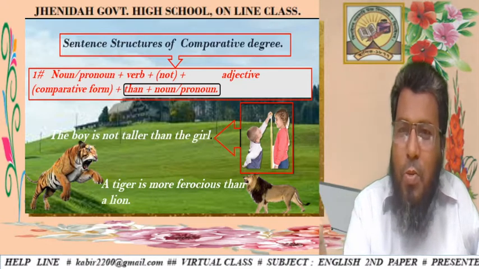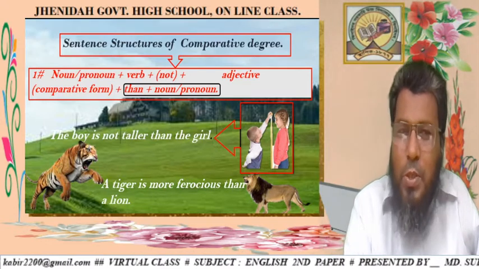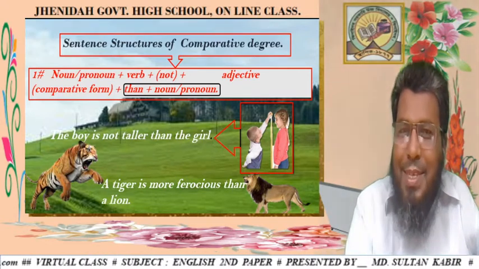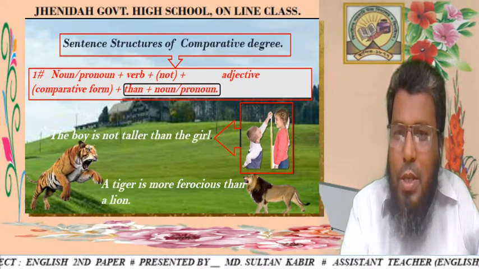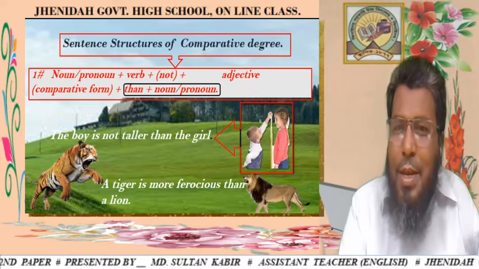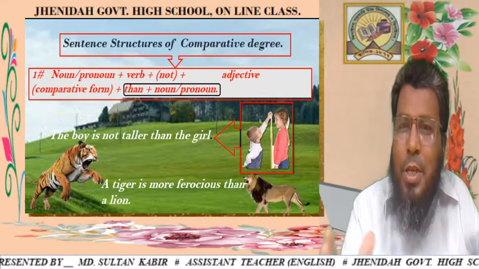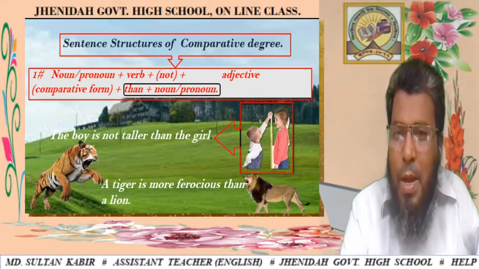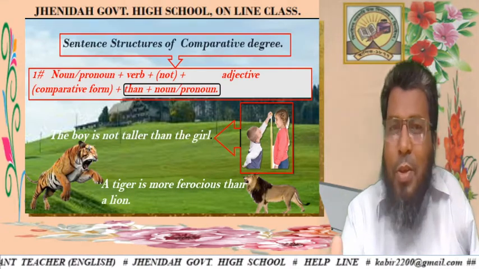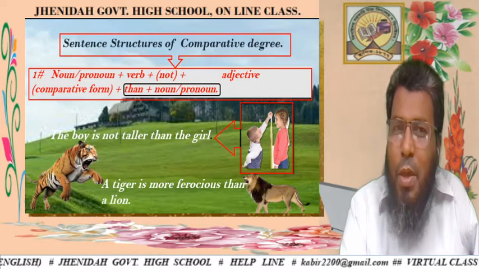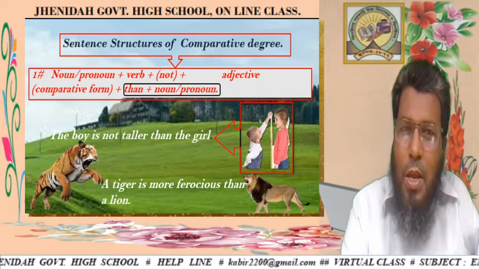A tiger, this is noun, verb is, then more ferocious. Ferocious, this is an adjective, and this adjective is formed with more than two syllables. That's why we have added here more before the adjective, and then plus a lion. This is an affirmative sentence.